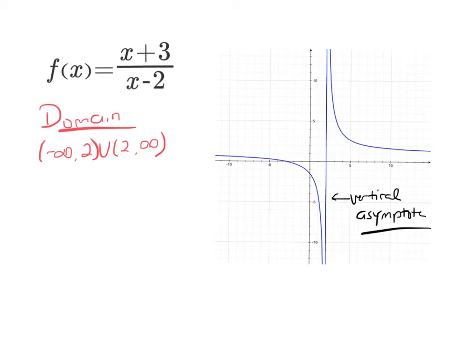And what makes it a vertical asymptote is that if you follow along the function, as x is getting closer and closer to the asymptote, our function is getting closer and closer to negative infinity. Same thing from the other direction. Here, f of x is getting closer and closer to positive infinity. So since our function is going towards the infinities as x gets closer and closer to 2, our vertical asymptote is x equals 2.